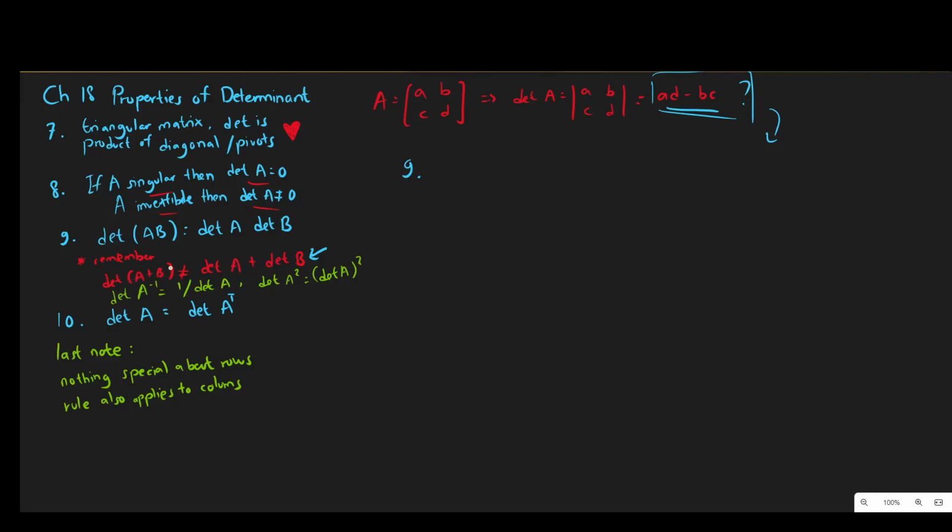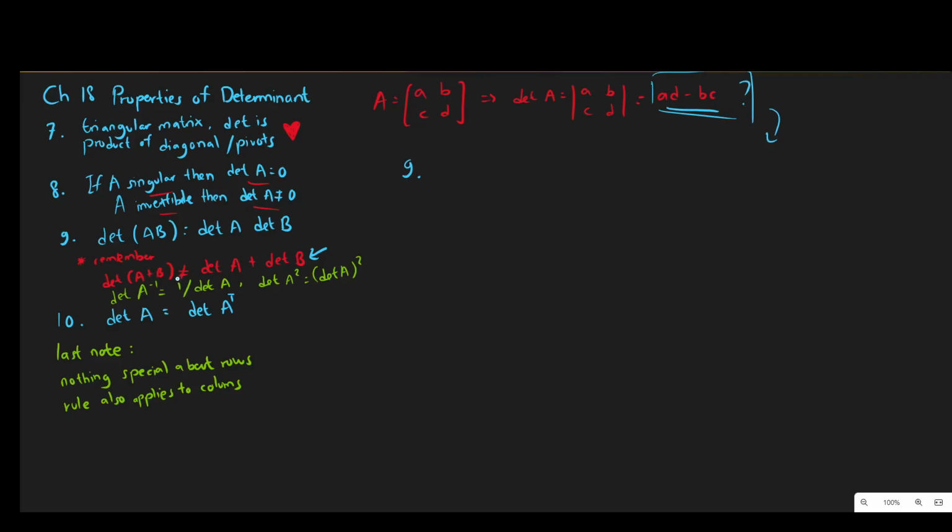The determinant of A plus B is not equal to the determinant of A plus the determinant of B, but the determinant of matrix A times B equals the determinant of A times the determinant of matrix B. We do have the addition rule, but only for each row.